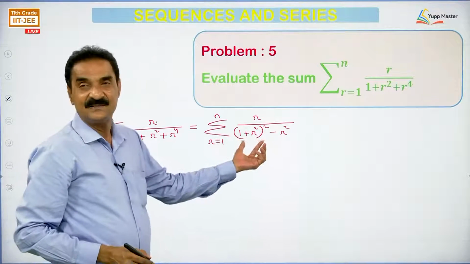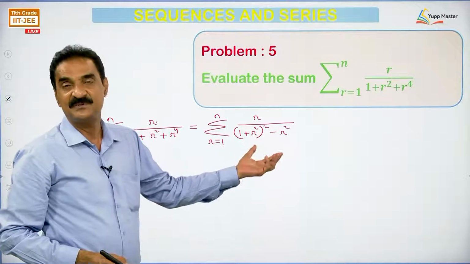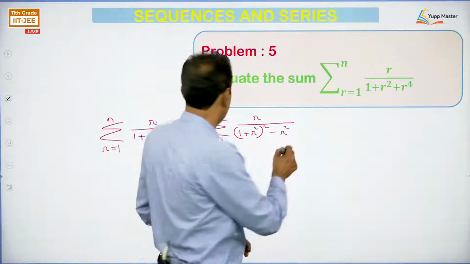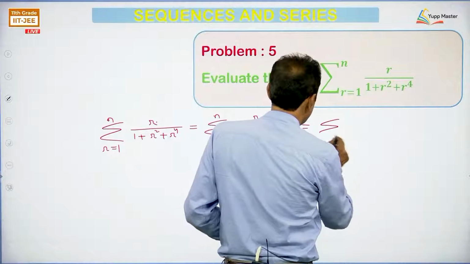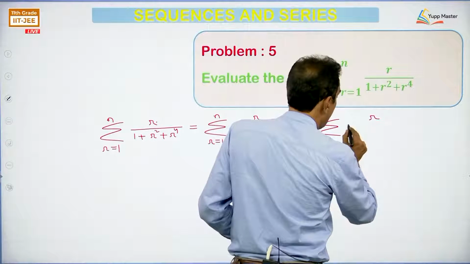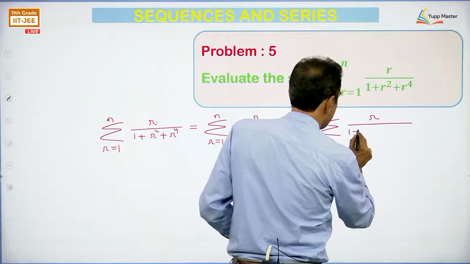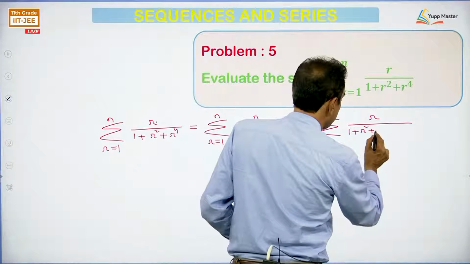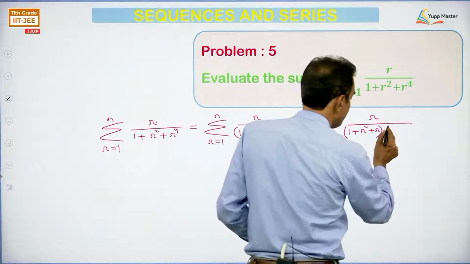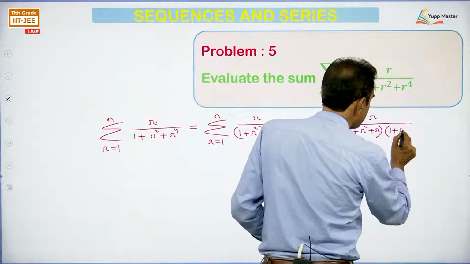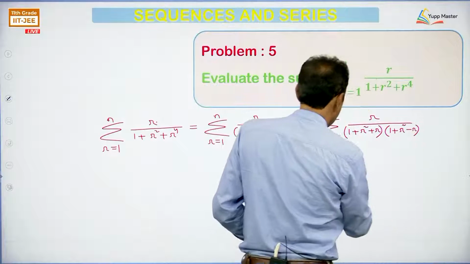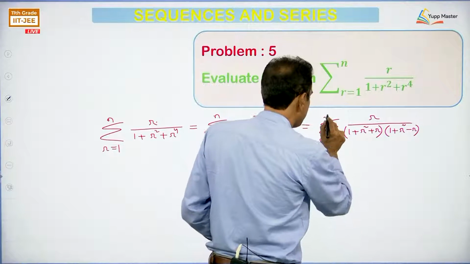Now you can factorize this denominator. a square minus b square is a plus b into a minus b. So, sigma r by 1 plus r square plus r into 1 plus r square minus r, r varies from 1 to n.